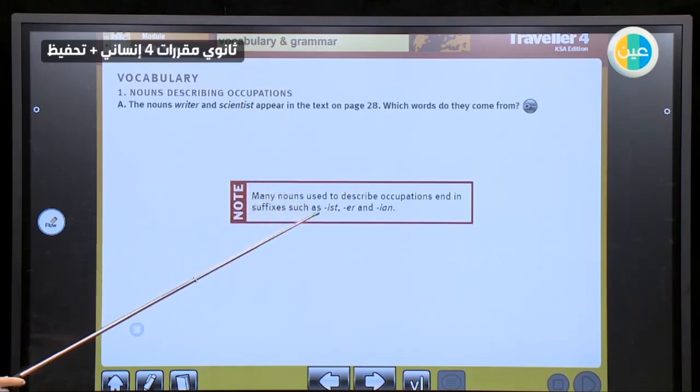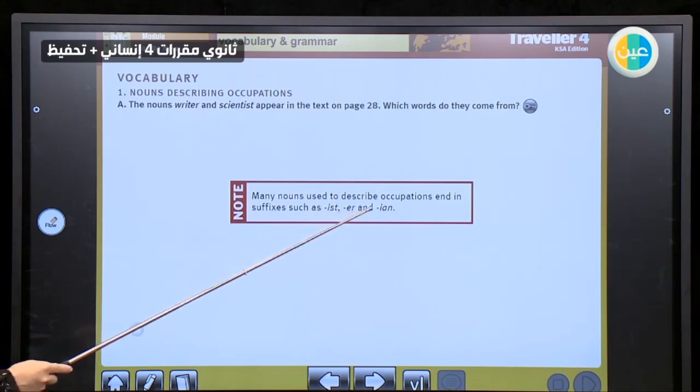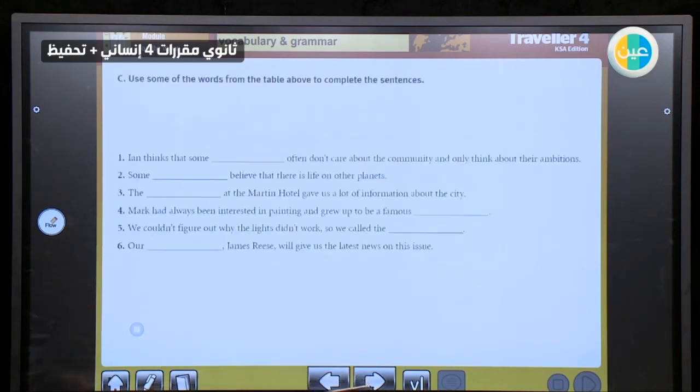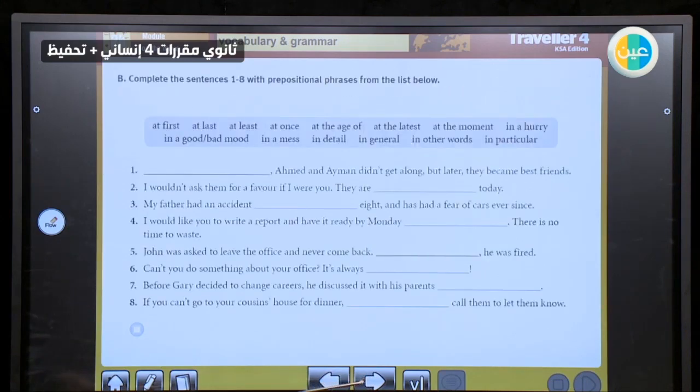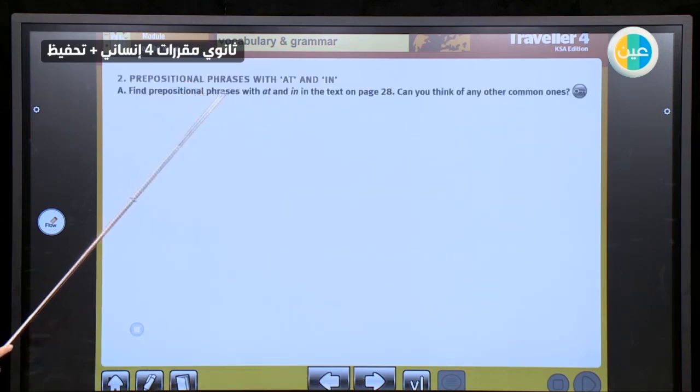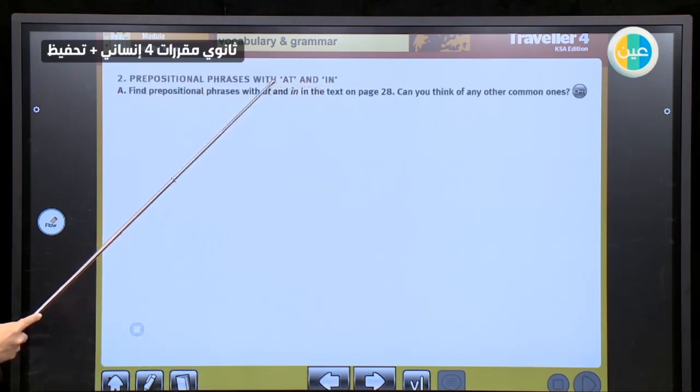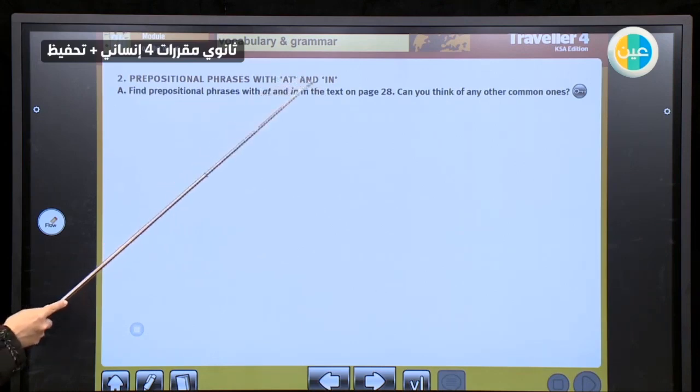We have to add the suffixes like -ist, scientist, or -er like teacher, or -ian like technician. These are nouns describing occupations. Then we have here prepositional phrases with at and in. So we have nouns and we have at and in.